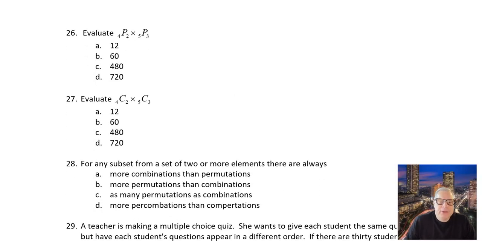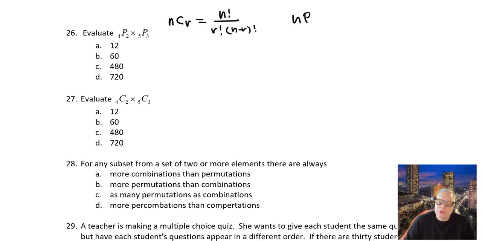Okay, so now let's evaluate some things. And again, permutations tell you how many ways there are of obtaining an ordered selection of R items from N. So the formula for combinations, N choose R, is N factorial over R factorial times N minus R factorial.